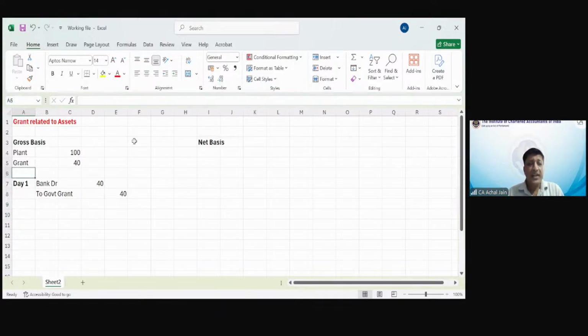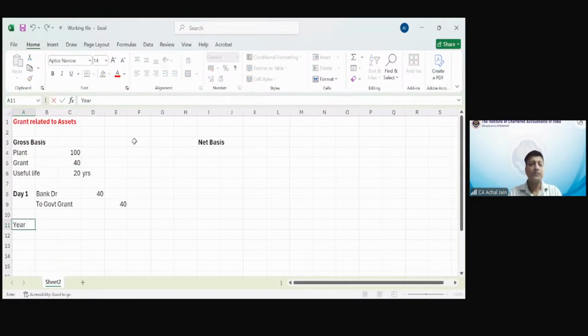Now, in this case, let's suppose useful life of the plant says 20 years. So at the year end, what do you do? There will be a depreciation, right?